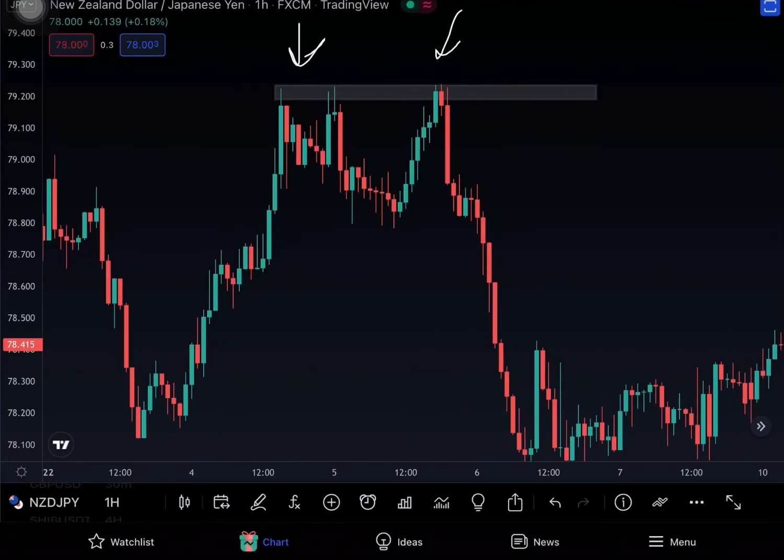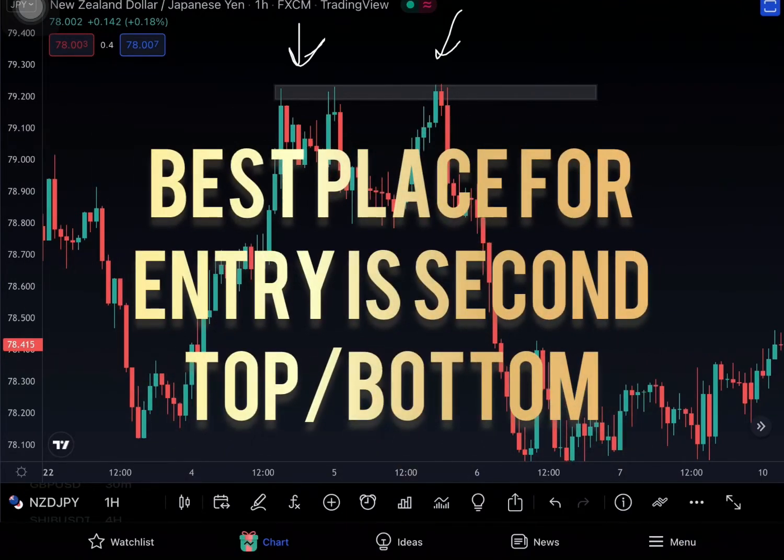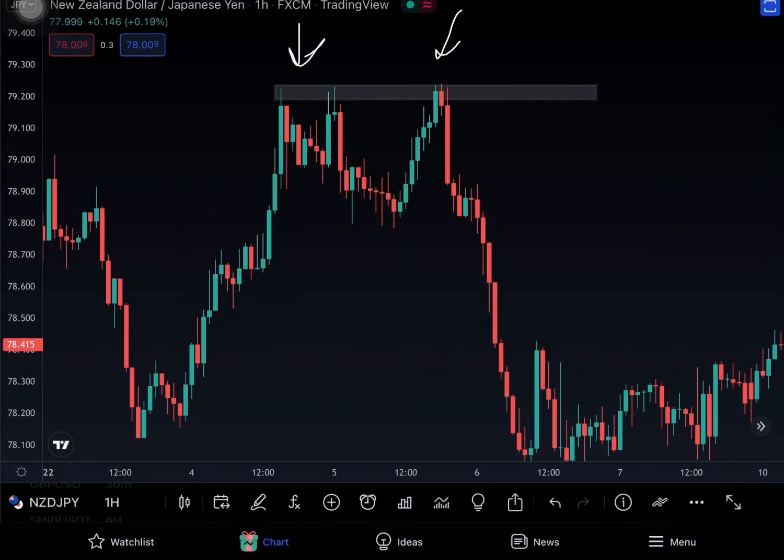Okay, so where should we enter at the double top? We should wait, and when the price touches a zone once, a resistance zone or a support zone, of course that should be a major zone, we should wait for the price to touch that zone again.